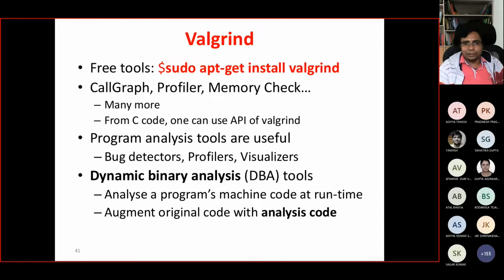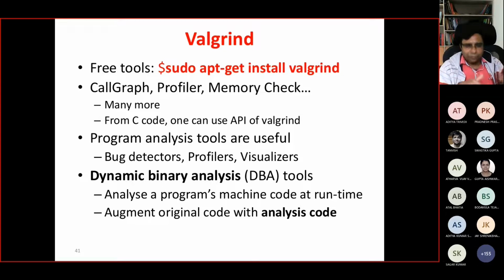And this is a useful program analysis tool, a bug detector, profiler, and visualizer. It is a dynamic binary analysis tool. So what is a dynamic binary analysis tool? It augments the original code with analysis code and gives dynamic information. With gprof and gcov, the tool augments the original code, runs it, and after running it gives the profile in gmon.out or the .gcda files.